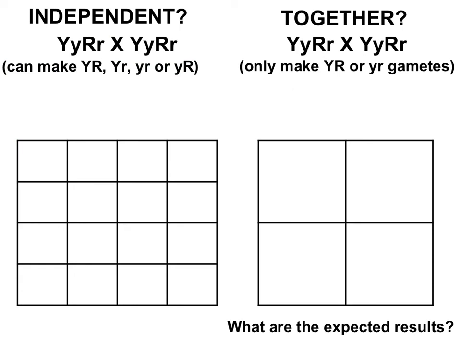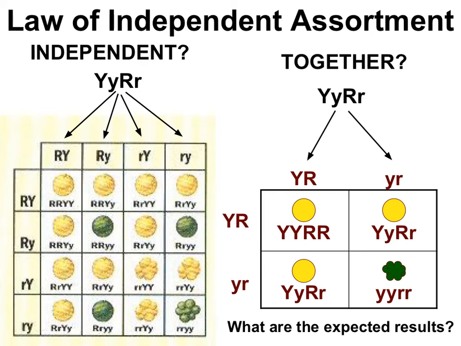Let's check out how each of these would look on a Punnett square. If you count the possibilities on the left with independent assortment, you see a ratio of 9 to 3 to 3 to 1, with 9 yellow round, 3 yellow wrinkled, 3 green round, and 1 green wrinkled, 9 to 3 to 3 to 1.